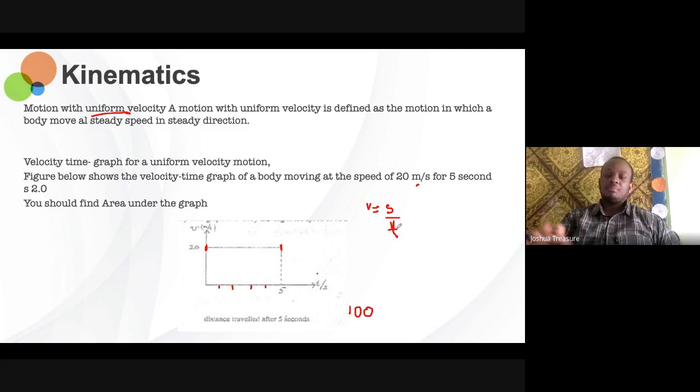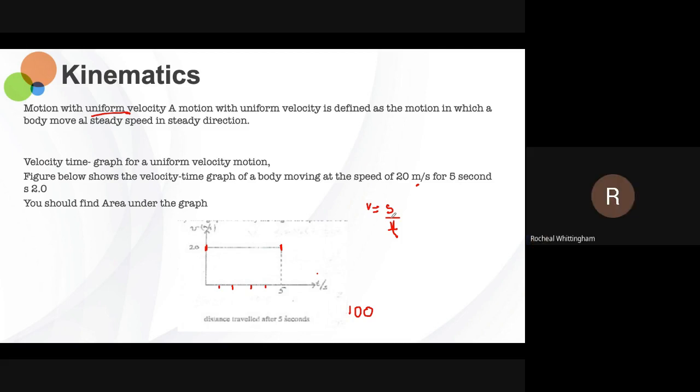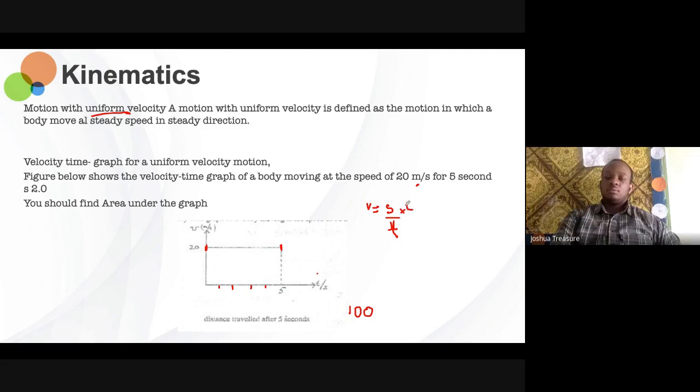What would be the next step? If you want to find S, what do you do here? Transpose, sir. So how do you transpose? Multiply both sides by t, sir. Yes, so multiply this side by t, multiply this side by t.